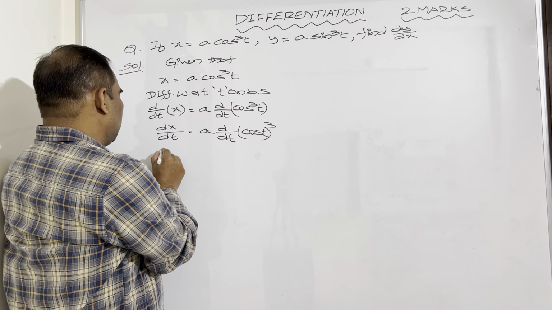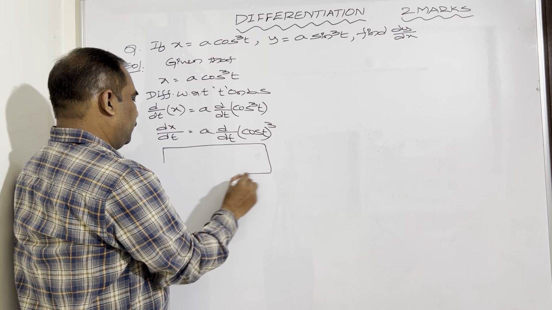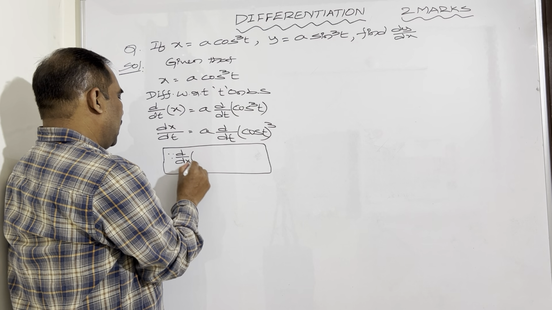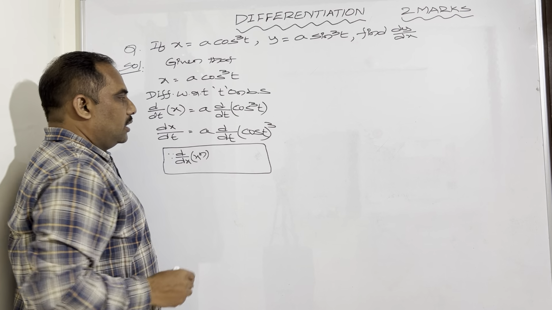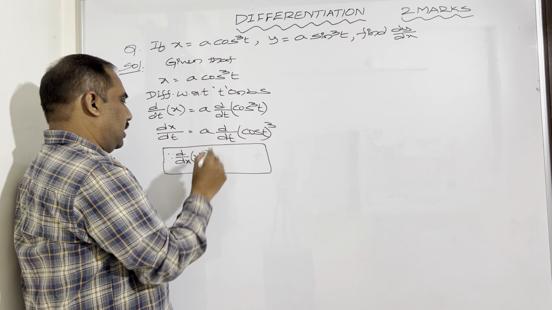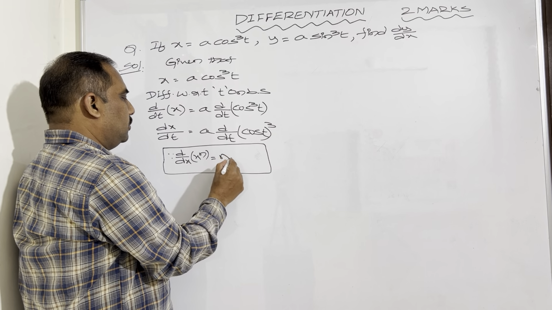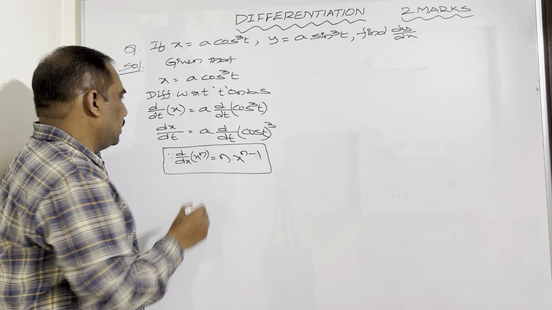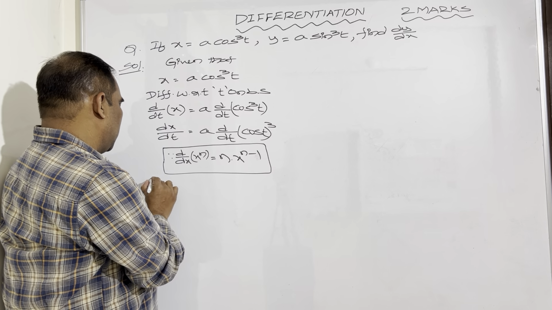Now the right hand side is in the form of d by dx of x power n. Here x is cos t, n is 3. So the standard form is n into x power n minus 1. Same like that we can differentiate it.